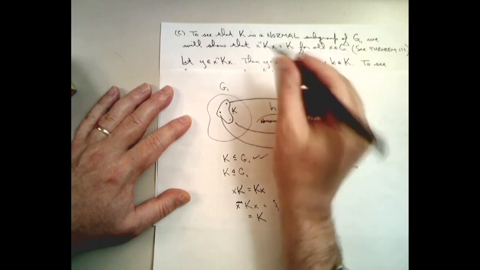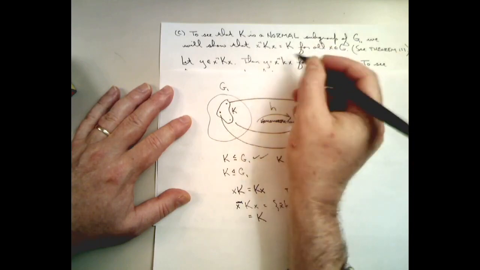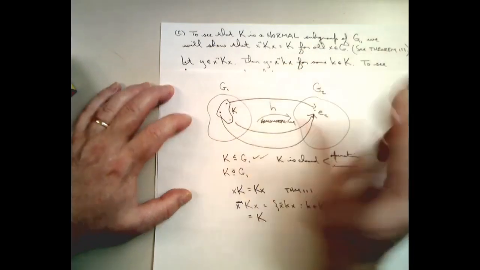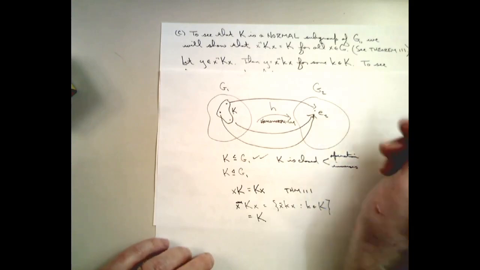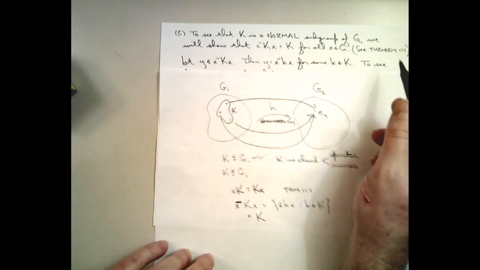Forgive my multiple notation here for x inverse. Sometimes I write it this way, sometimes I write it with a bar. I should be more consistent with that. It doesn't really matter so long as you recognize that they both mean the same thing.